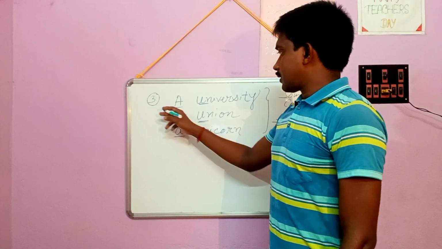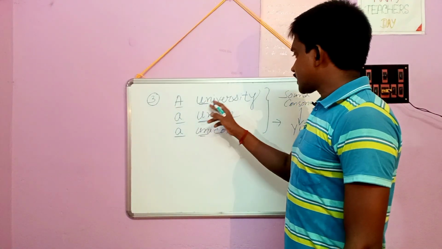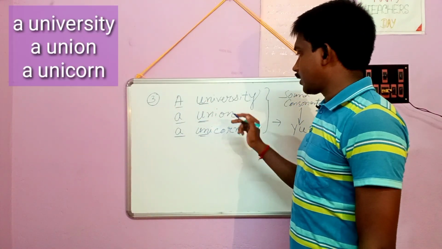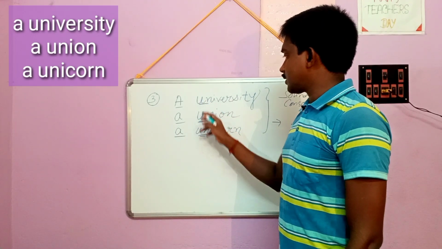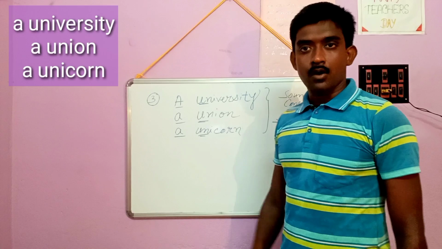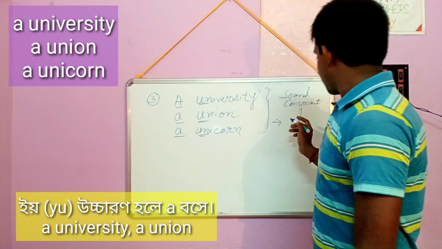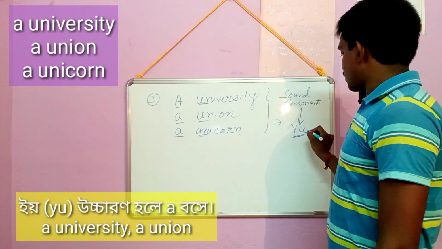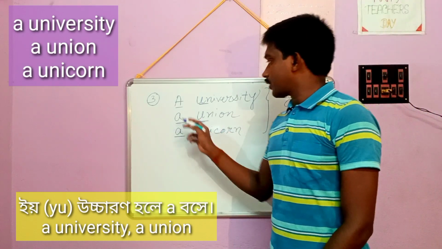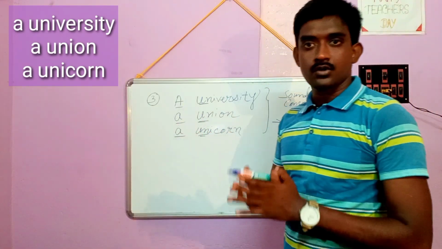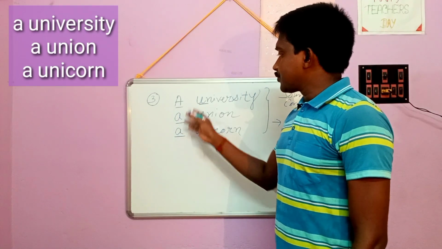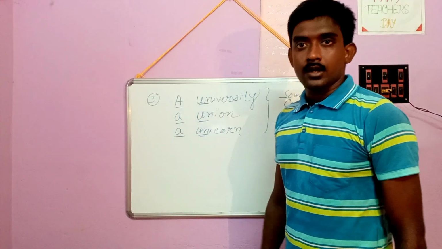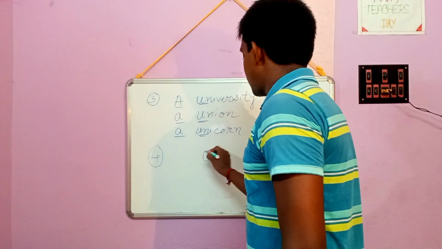Now the third point: words like university, unicorn. Here at the beginning of the word there is the vowel letter U, but it sounds like a consonant. It sounds like "yo": the pronunciation is university, unicorn. As a consonant sound comes at the beginning of the word, we use a. Similarly, one.